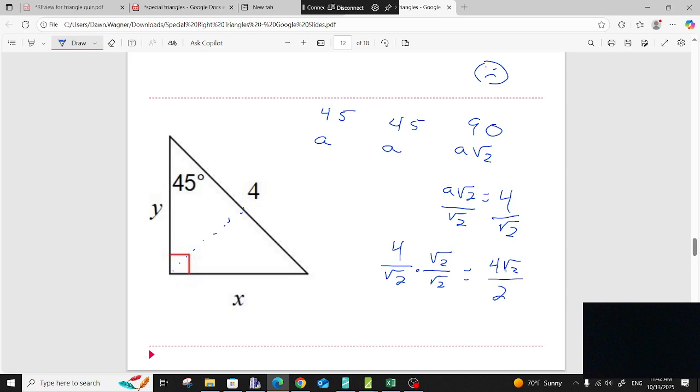You do not divide underneath the radical, just the outside. So both of these can be divided by 2, which gives you 2 square root 2 over 1, or just 2 square root 2. So both of these sides are 2 square root 2.